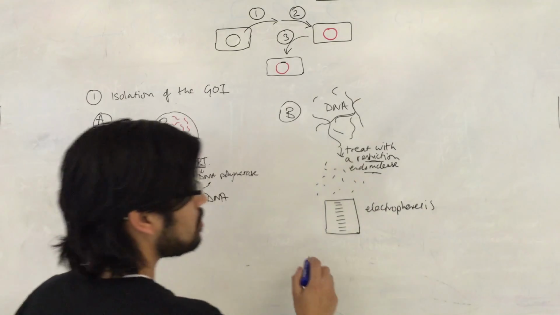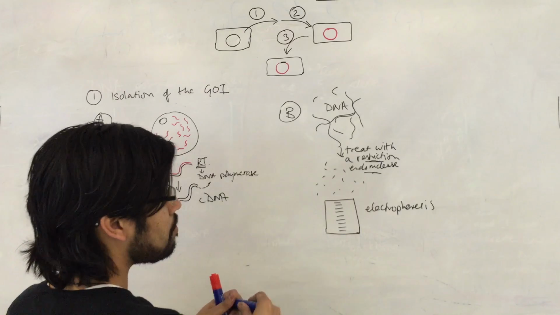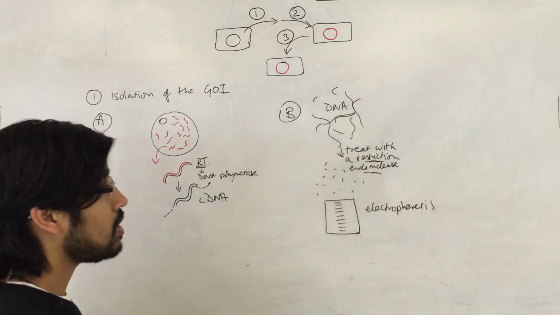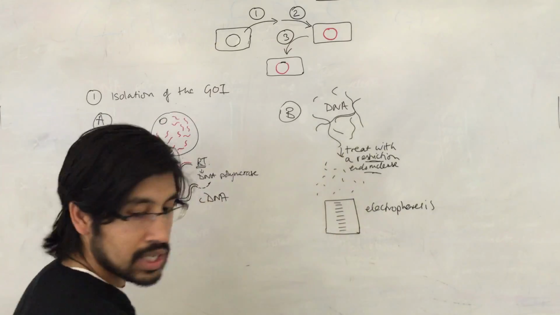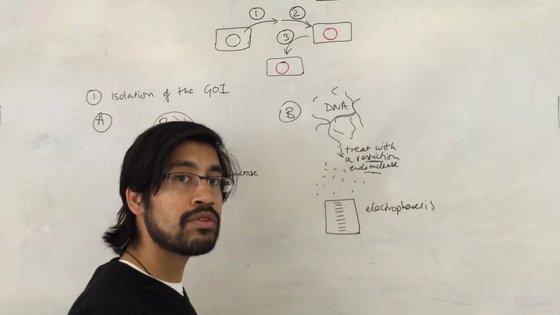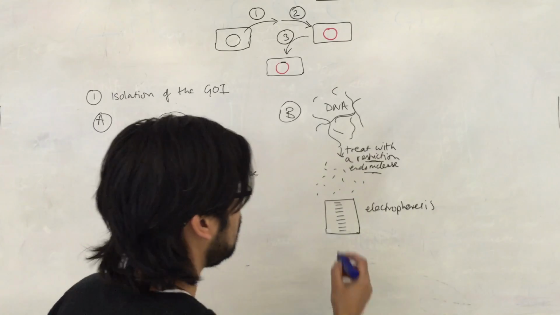And then what we can do is we can add a probe. If we know what the sequence of our gene is, we can probe this electrophoretic gel with a labeled probe that has a complementary sequence to the insulin gene.